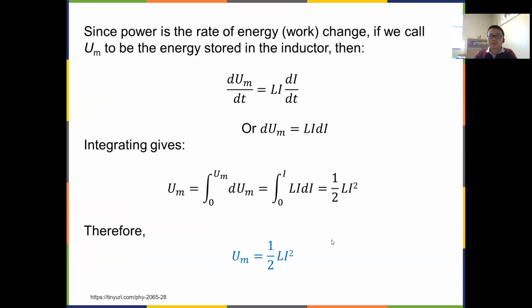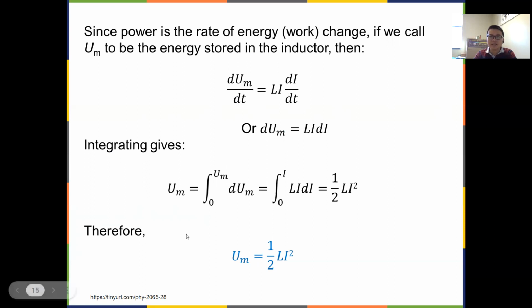Let's take a look at that, because this is the power delivered to the inductor. We know for inductors, if you have current in them, then there's a magnetic field in them. So the energy is stored there in terms of the magnetic field. So dU of the magnetic field over dt should equal the power, because the derivative with respect to time, the rate of the energy changing, is the power. dt will cancel, so dU is equal to L i di.